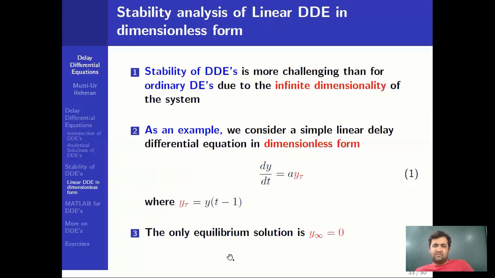So, for instance, let's say you are at the top of the hill, and this is your equilibrium point. A small perturbation to this equilibrium point can lead us to an unstable situation.